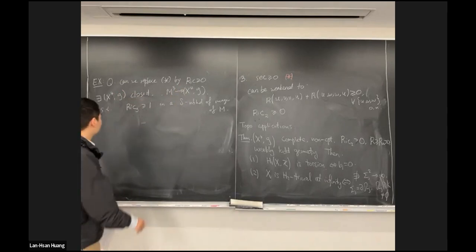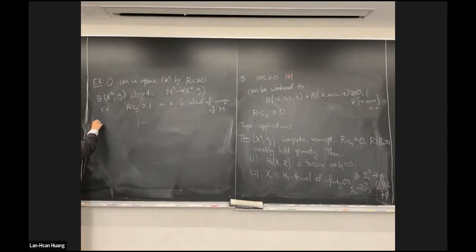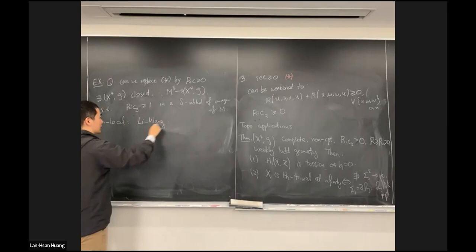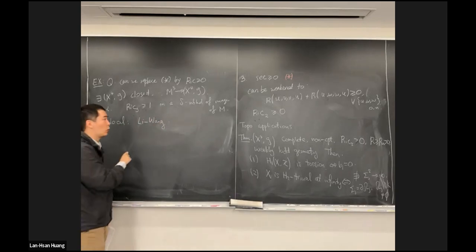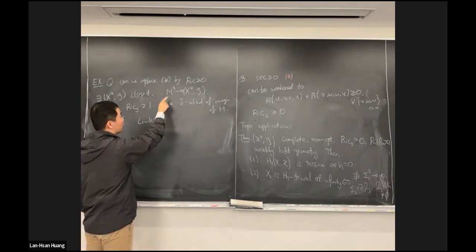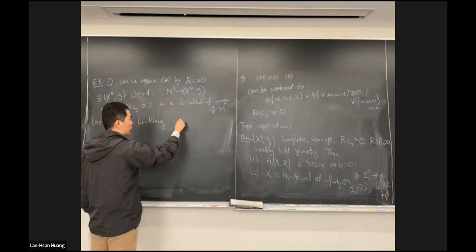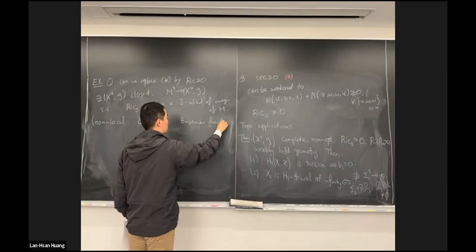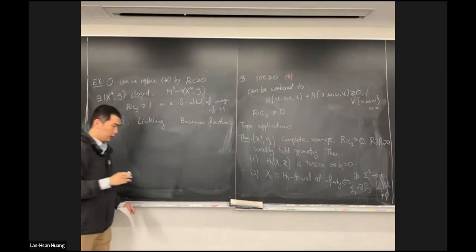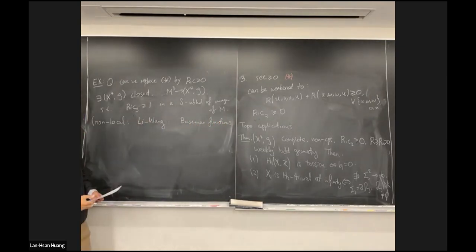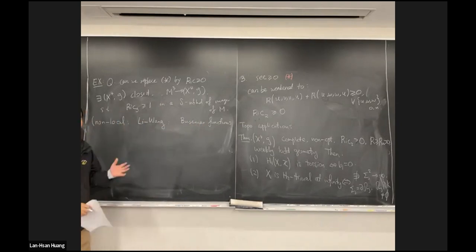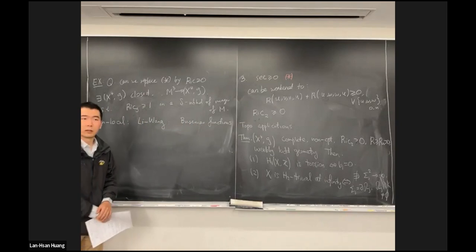For instance, let me mention something that's not entirely local. There's a quite interesting paper by Peter Li and Jiaping Wang. They analyzed stable minimal surfaces using Busemann functions. For instance, it is known that on a Ricci non-negative manifold, the Busemann function is always subharmonic.